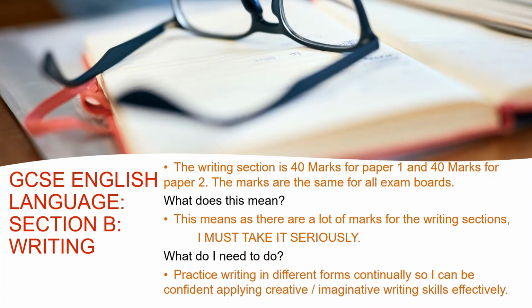So practice writing in different forms continually. Don't just do it once. Don't just do it because Mrs. A or Sir is going to test me in class. Keep practicing. You really need to practice different forms so that you can have confidence in applying the skills effectively. And those are some of the things that we want to look at today.